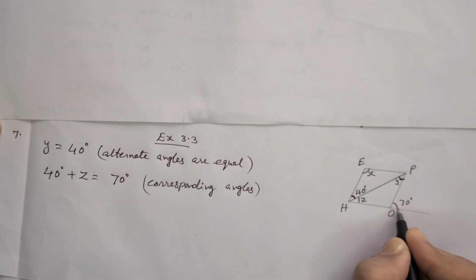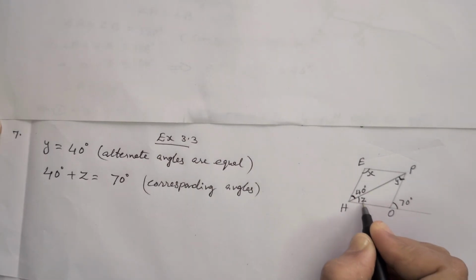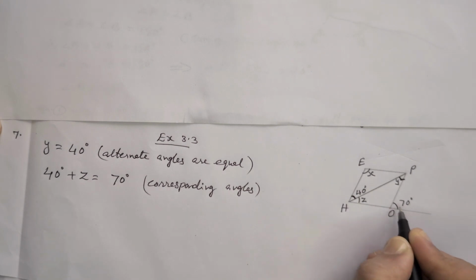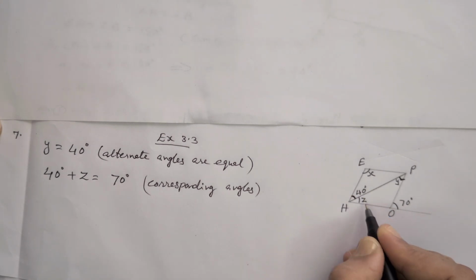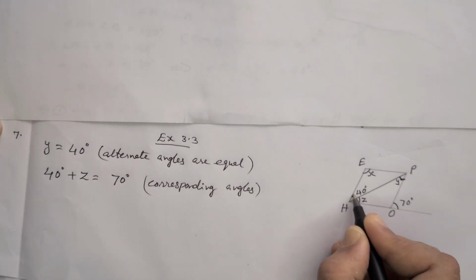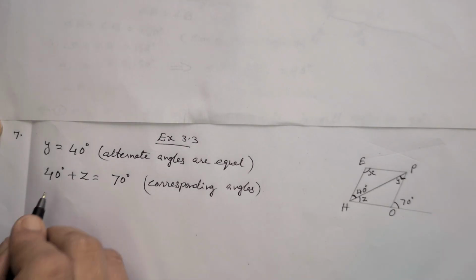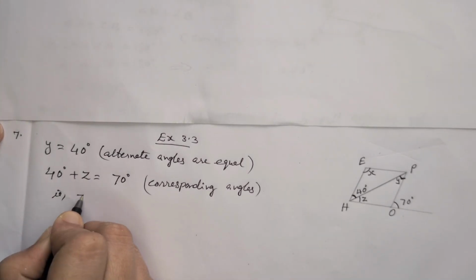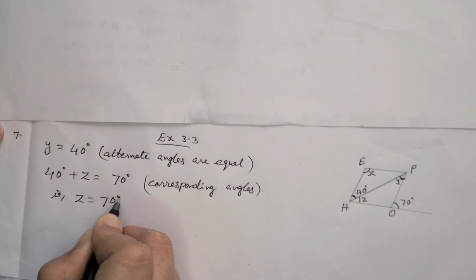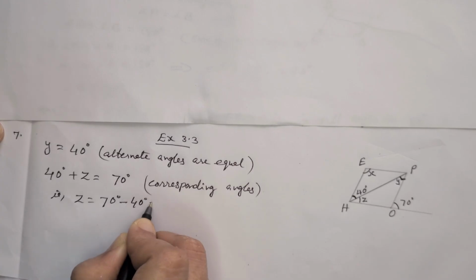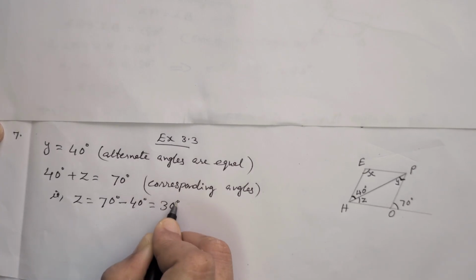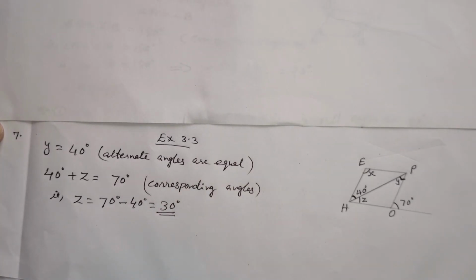These two angles are corresponding angles, on the same side. So corresponding angles. 40 plus z, this full angle, is equal to 70 degrees. That means z is equal to 70 degrees minus 40. It will become 30 degrees. Now we got z also.